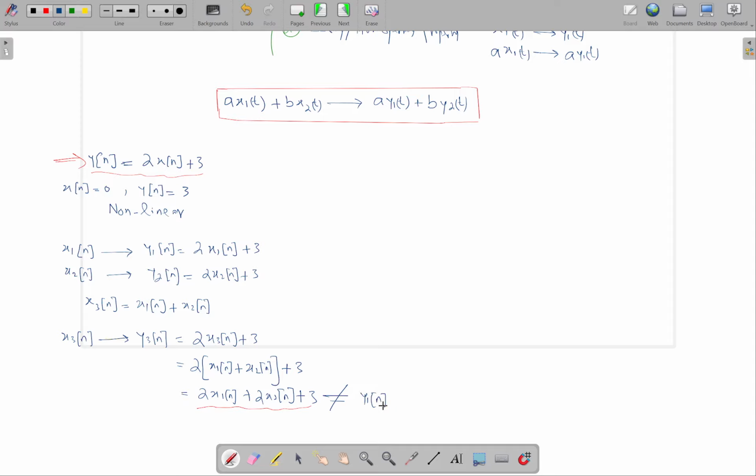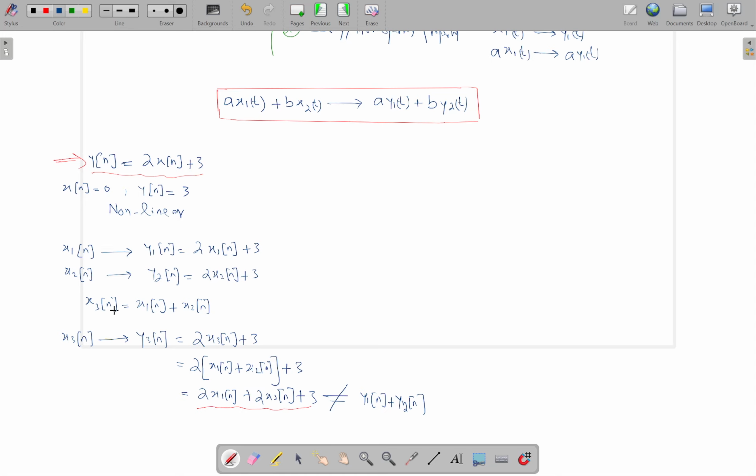So this particular thing, which we have calculated over here, is now not equal to y1n plus y2n. Because y1n is 2x1n plus 3, y2n is 2x2n plus 3. So in order to have equality over here, the term should have been 2x1n plus 2x2n plus 6, which is not the case.